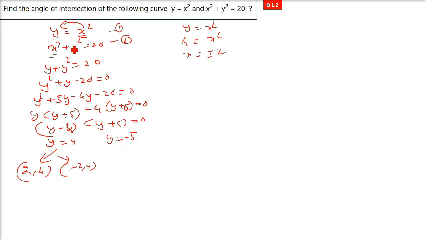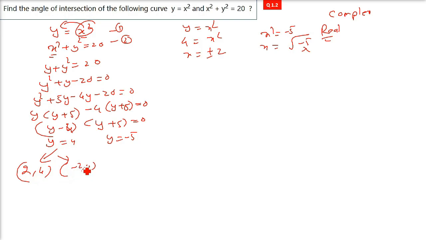How about y equals negative 5? x square is equal to y, that is negative 5. This is not possible, because square root of negative 5 will not be a real value, it will be a complex value, and we are not dealing with complex values, so we'll just leave it. We'll write that we don't find any real solution. So we are only left with 2 and 4 and negative 2 and 4. Those are the coordinate points at which these two curves actually intersect.